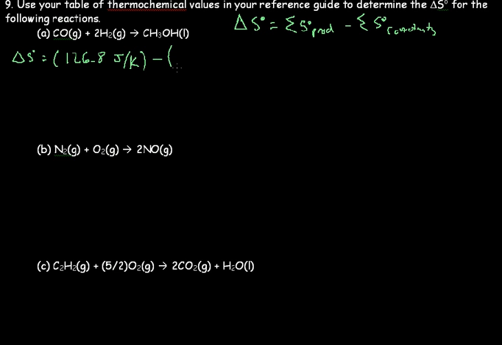And that's our only product, so now we look at the sum of our reactants. I look up carbon monoxide and end up with 197.7 joules per mole Kelvin, and then, sorry, it should be a plus sign there, 2 times the one for hydrogen, which was 130.7 joules per mole Kelvin.